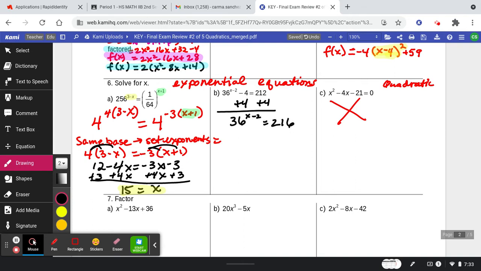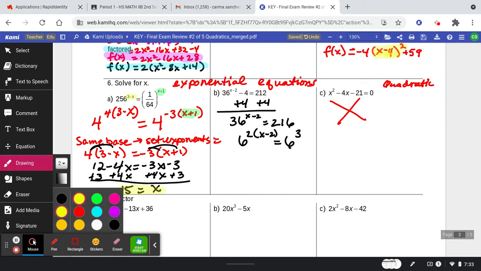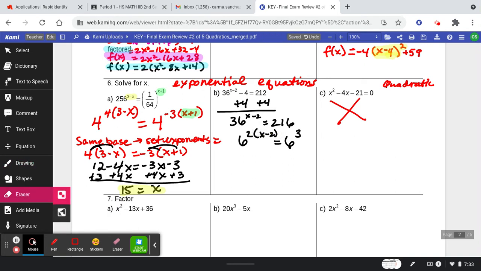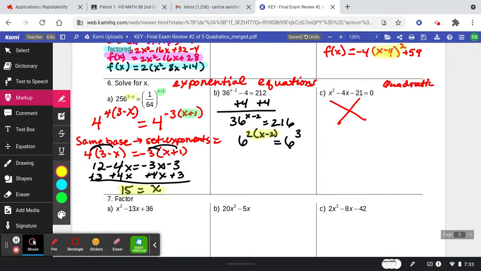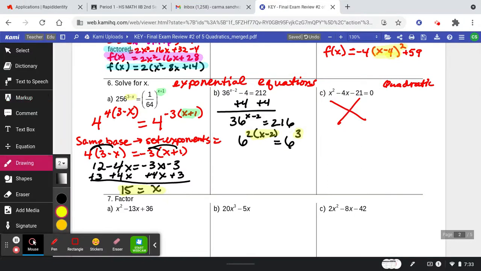So 36 can be rewritten as 6 squared. Don't forget about that x minus 2. And 216 could be rewritten as 6 to the third. Now that we have the same base, now I can set the exponents equal.